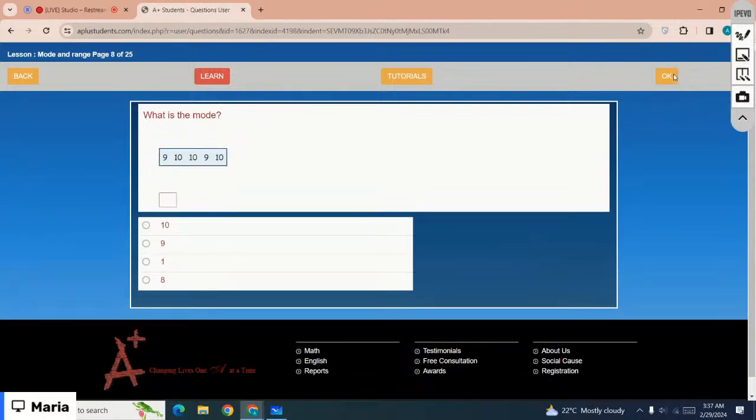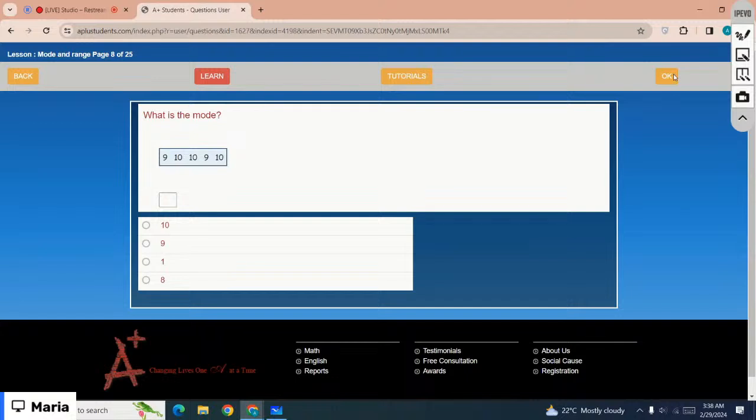What is the mod? The mod is 10. 10 is the number you can see most of the time in the given data.